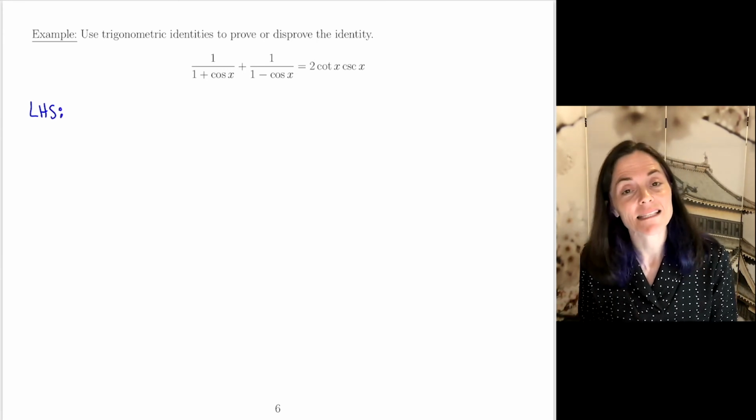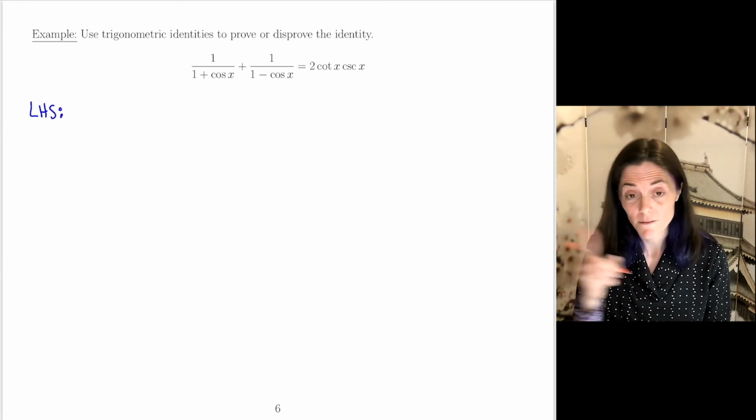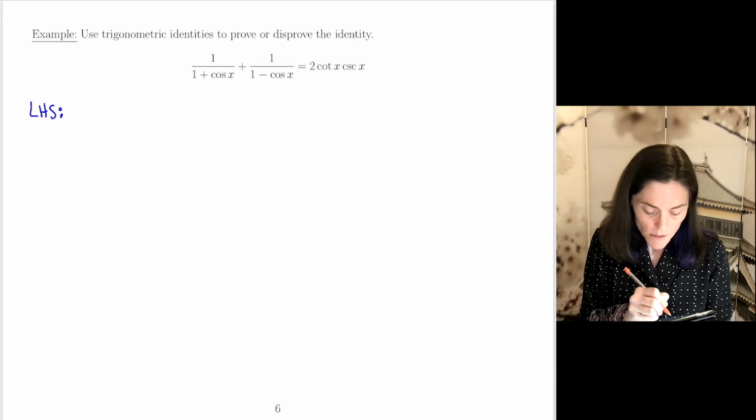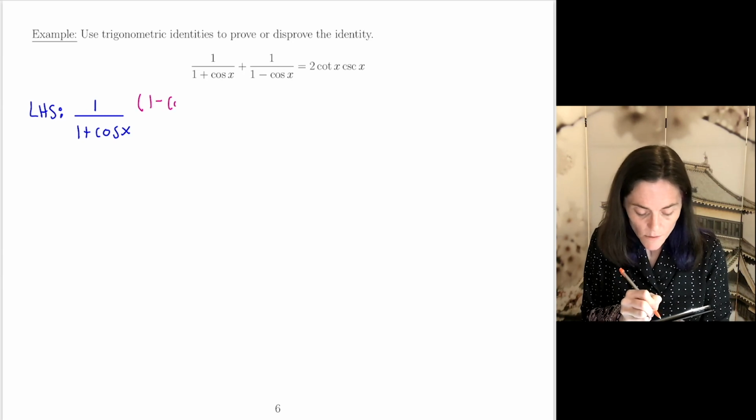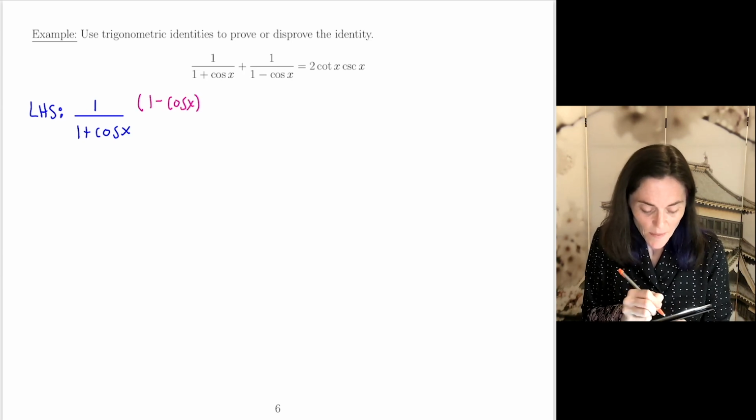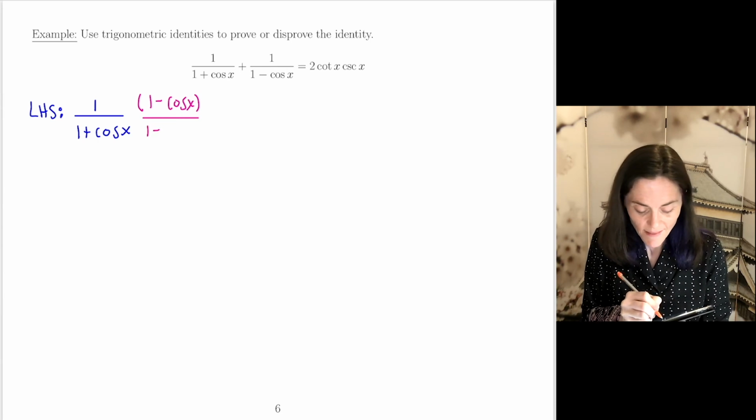Common denominator in this case will just be the product of the two denominators. So I will take the first one, 1 plus cosine x, and multiply this by 1 minus cosine x divided by 1 minus cosine x, like this.